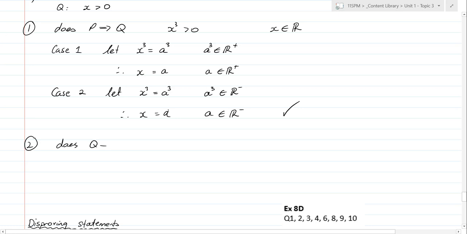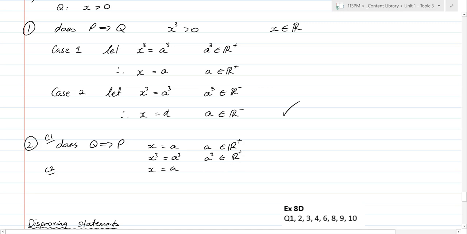does Q imply P? And we get the same thing. If x equals a, such that a is a positive real, well, we know that x cubed equals a cubed, and a cubed will also have to be positive. So if we cube a positive, we get a positive. So that's case 1. And case 2, if x is equal to a, where a is a negative, we could also just do negative a.